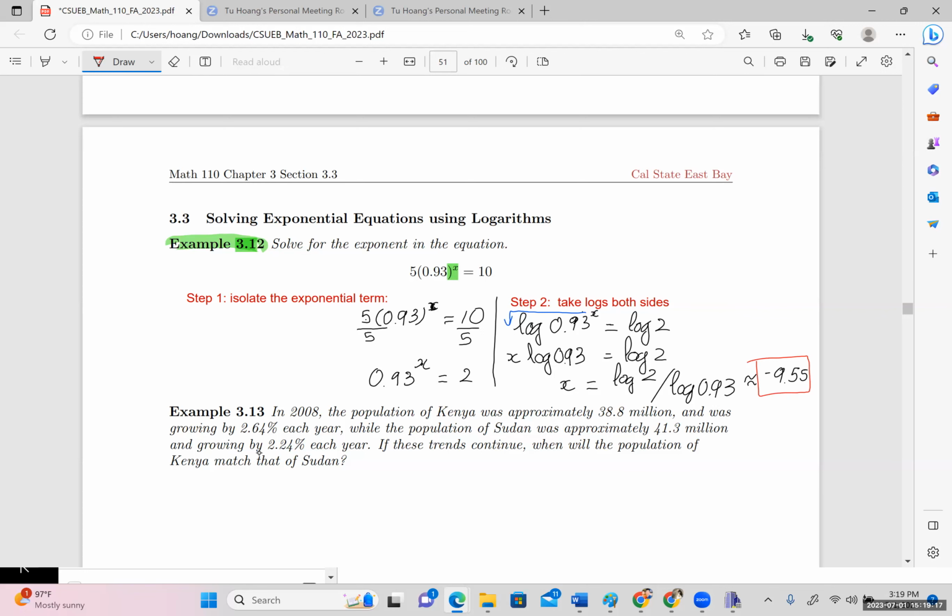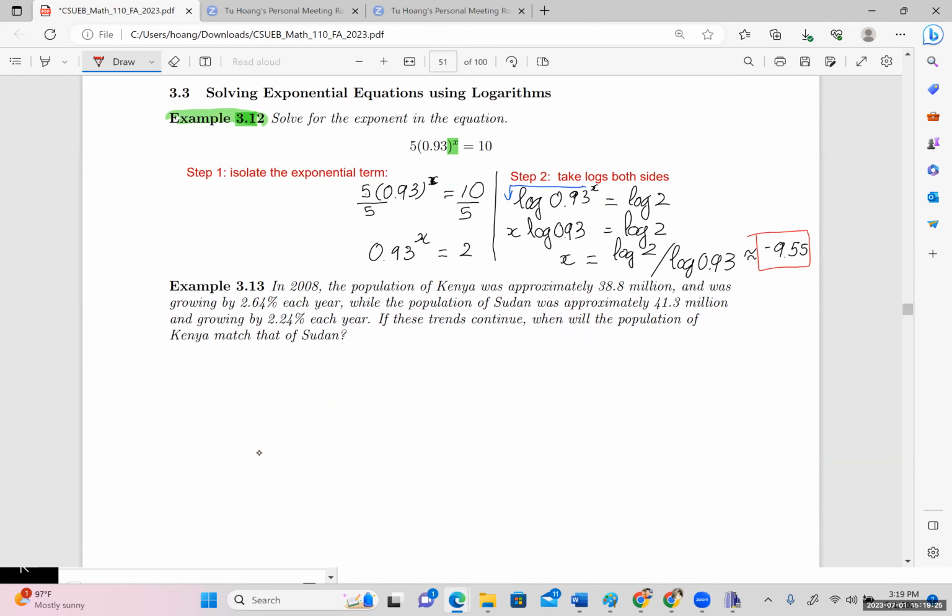Now we're going to move to the next example, 3.13. The population of Kenya was 38.8 million, and it was growing by 2.64% each year.